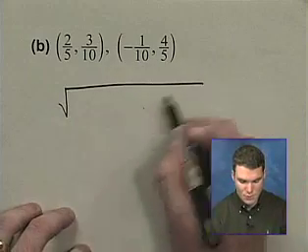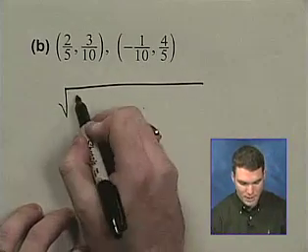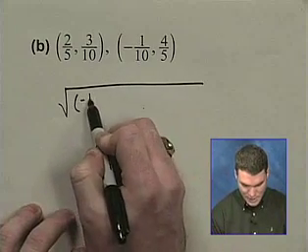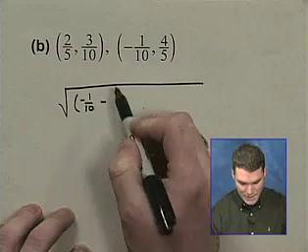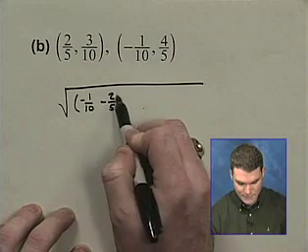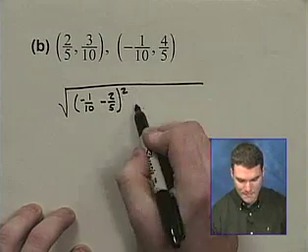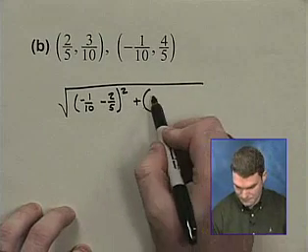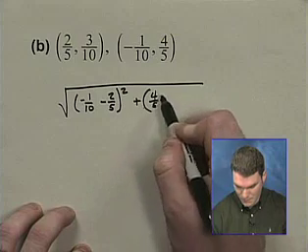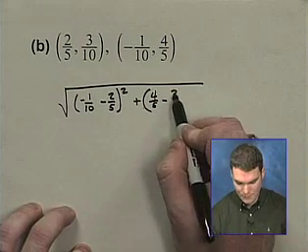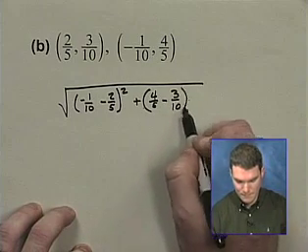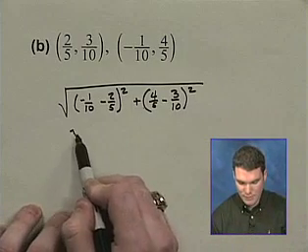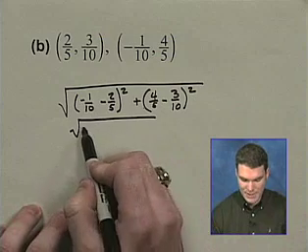We're interested in the square root of x2 minus x1, so negative 1/10 minus 2/5, squared, plus y2 minus y1, 3/10, squared. Well, 2/5 is the same as 4/10.